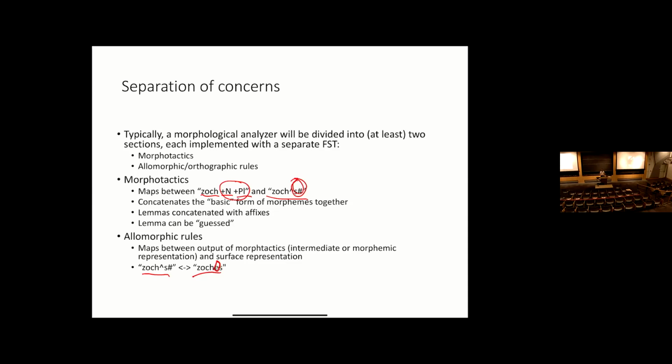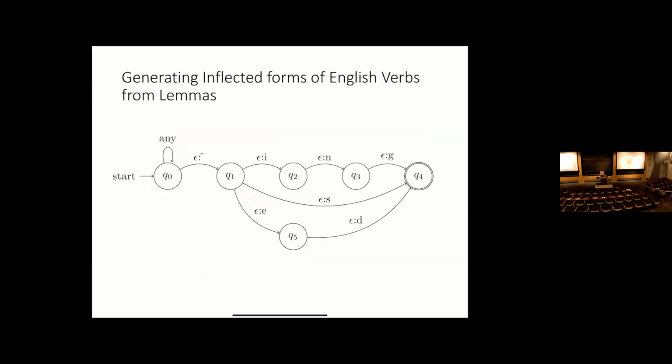So this is what is adding the E. So there are two different kinds of information. They're being encoded in two different FSTs, and then as we see, we can put them together. So here's an example of how you might generate inflected forms of English verbs from lemmas. So this is a guesser.